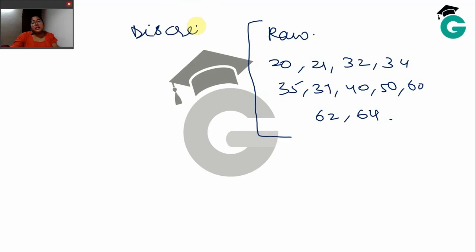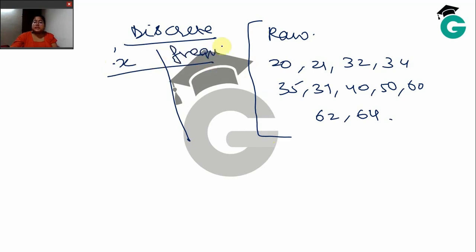The other type of data that you can have is discrete data. Discrete data basically means that the data is not grouped, but at the same time it's also not raw, because you have X, which is, let's say, a variable of interest, so it's a univariate data set that I'm considering, and then you have your frequency.